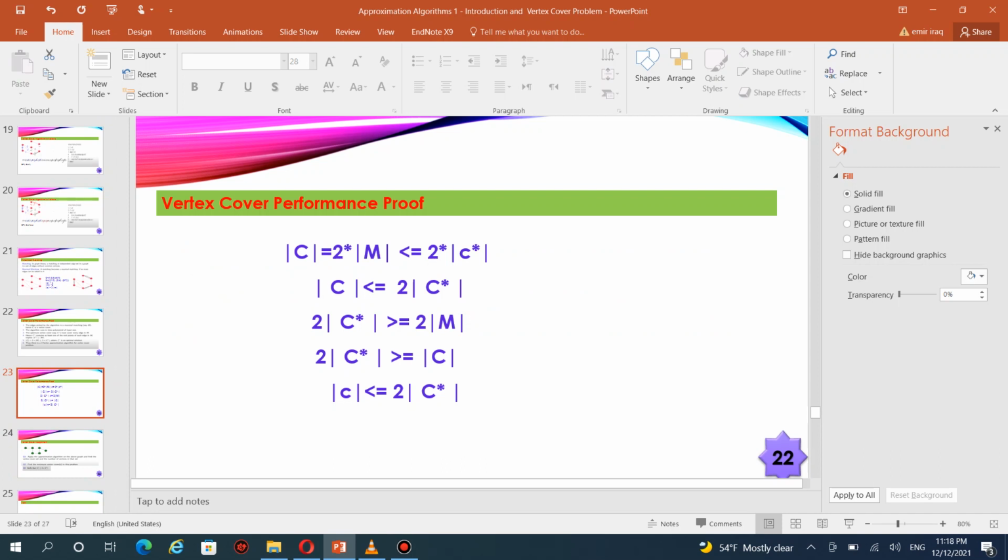C is less than or equal to 2 times C star, and 2 C star is greater than or equal to 2 M. So 2 size of C star is greater than or equal to 2M, and we have just replaced 2M by C here. So 2 size of C star is greater than or equal to size of C. So size of C is less than or equal to 2 times size of C star.